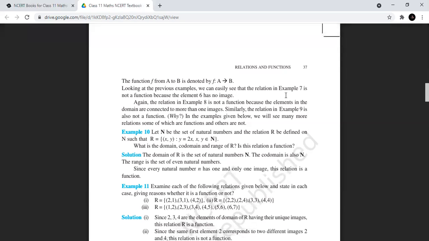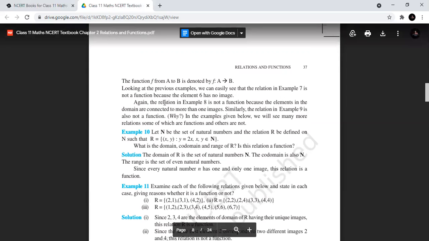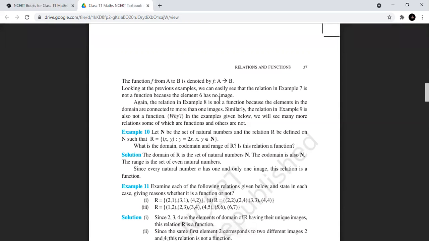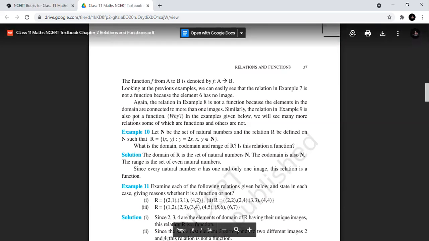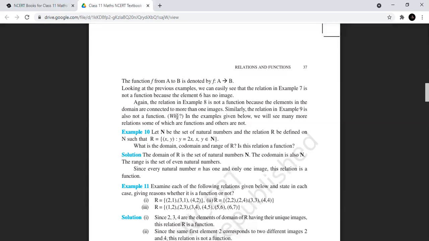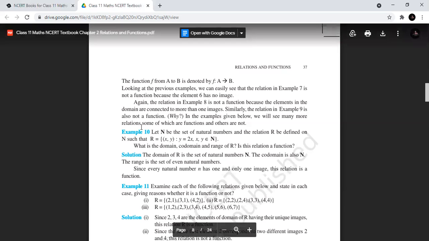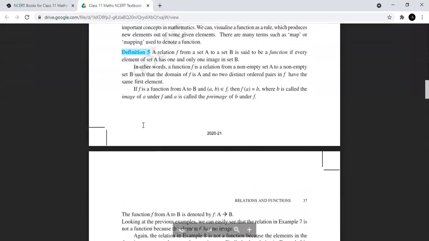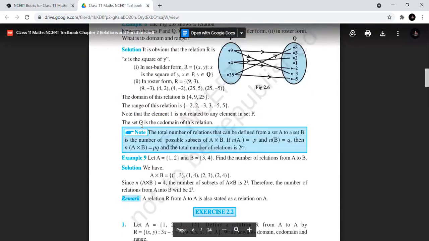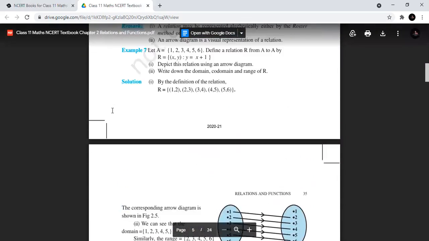Example 7 is not a function because element 6 has no image. Example 8 is also not a function because the elements of the domain are connected to more than one image. Similarly, relation 9 is also not a function, and they're asking you why. Let's get back to those examples and understand what a function is like.